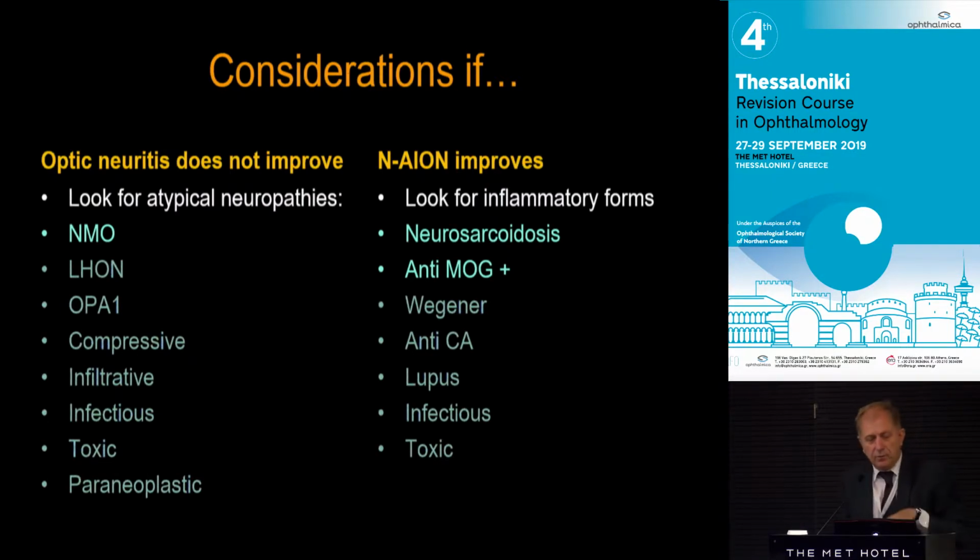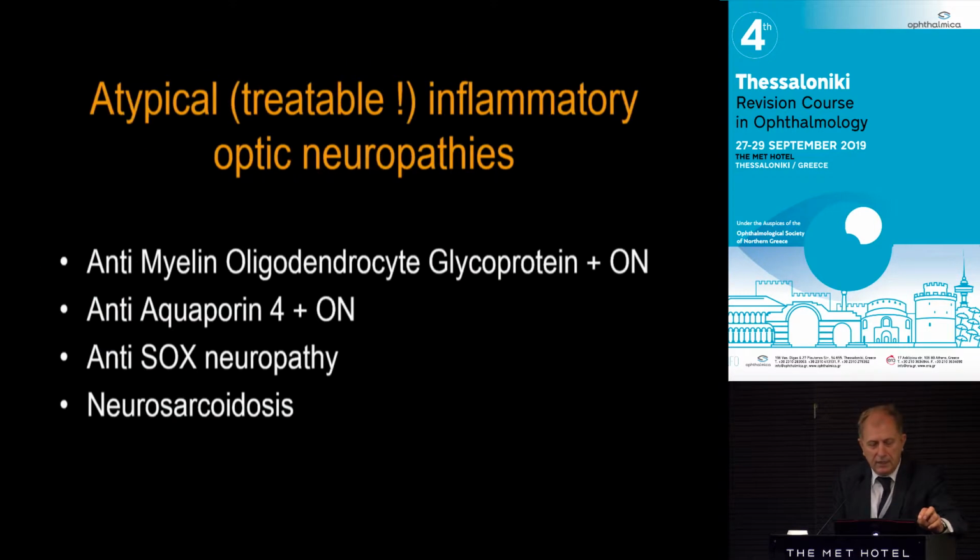Now, if you have optic neuritis that didn't improve, or non-arteritic neuropathy that improved, there are other options you should test, and this is a little bit newer and more advanced. One is optic neuritis associated with anti-myelin oligodendrocyte glycoprotein, and the second is anti-aquaporin 4, causing Devic's disease or neuromyelitis optica.